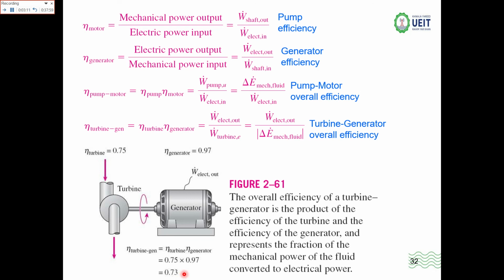So the common turbine-generator systems that are used to supply electricity in our houses are about 73% efficient. The overall efficiency of a turbine-generator is the product of the efficiency of the turbine and the efficiency of the generator.